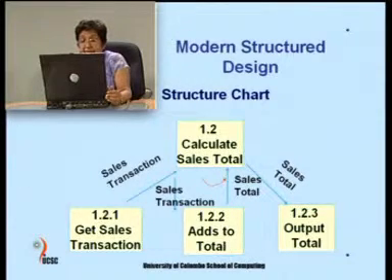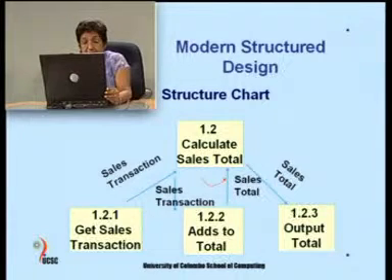Then add to total: all these sales transactions that are entered have to be accumulated or the total must be found. So, this 1.2.2 module is preparing the total, and the total is again passed on to another module called output total, which has the number 1.2.3, and the function of that module is outputting the sales total. So, this is how functions are divided among these modules.